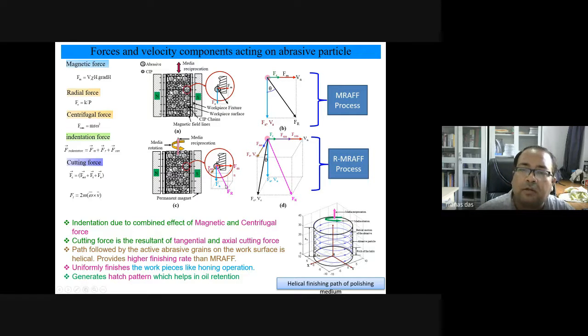We are not going to show that simulation, only the MRFF simulation. When this fluid is rotating, the abrasive particles come in a helical path, so because of this helical path, more area of the workpiece surface can be polished.